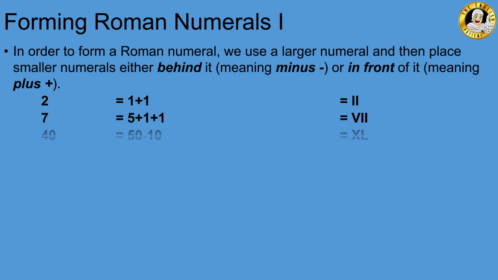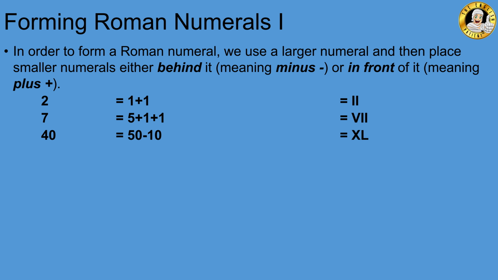Now, in order to form a Roman numeral, we put a larger numeral and then place smaller numerals either behind it, meaning minus, or in front of it, meaning plus. So if I wanted to make the number 2, we can use II because they are the same number, and so they will add together. So II is 2, 1 plus 1.